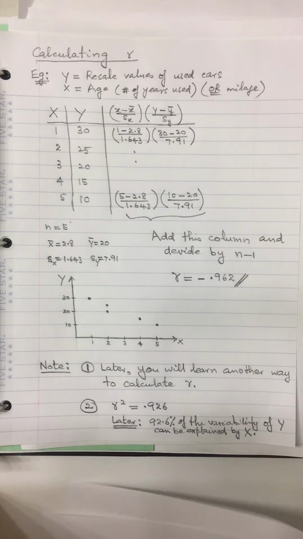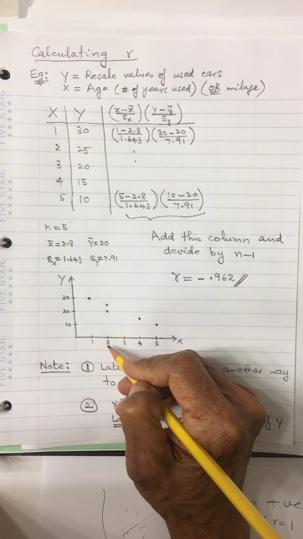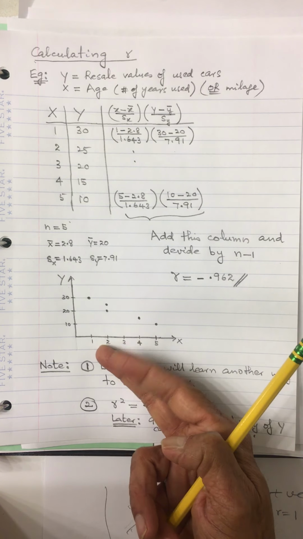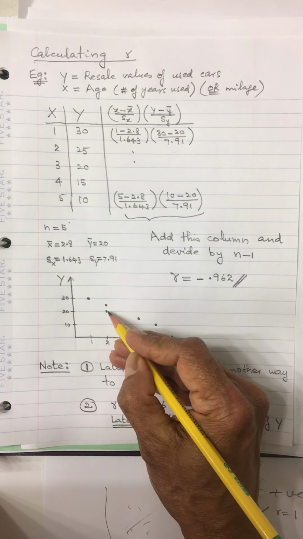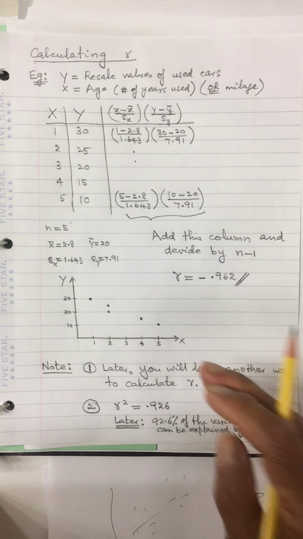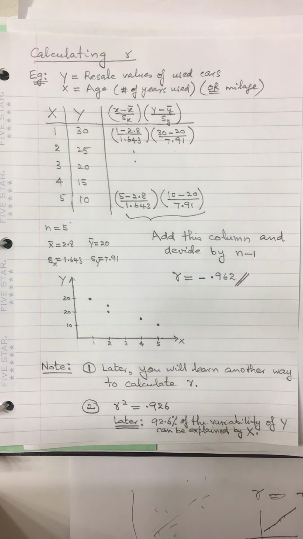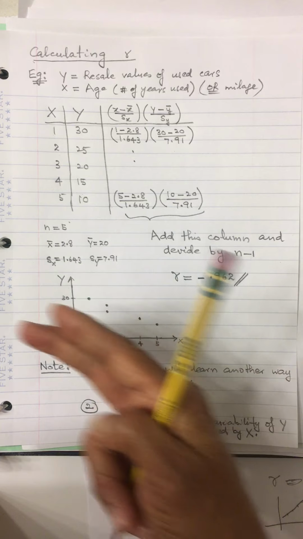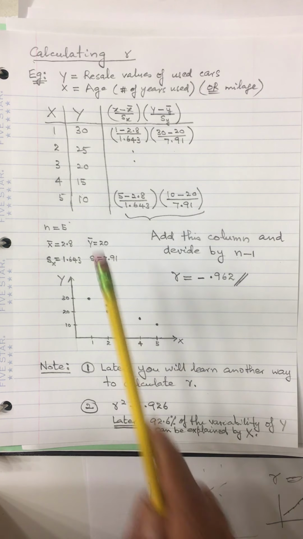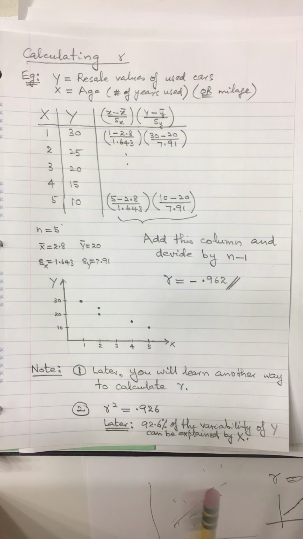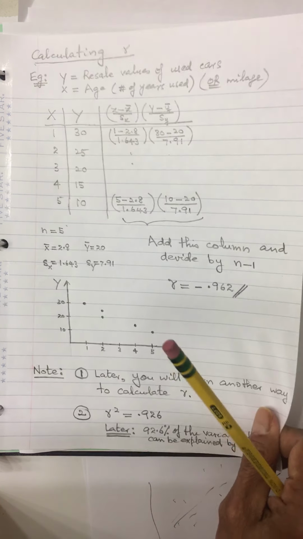For the data set I gave, there are only 5 data points anyway. See, even for 2-year-old cars, there are 2 cars with 2 different values. So for this particular data, you can explain 92.6% of the variability using the x variable, the age basically. So that's how to calculate the R.